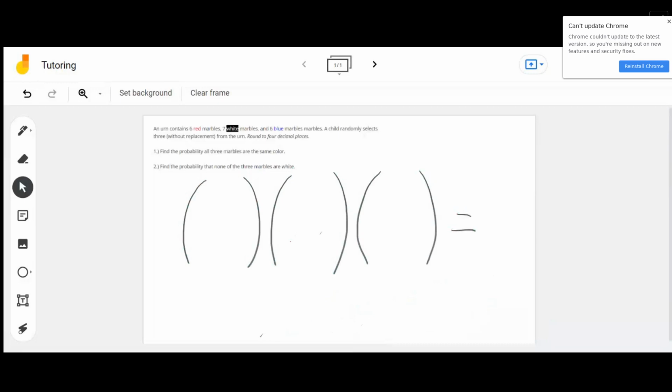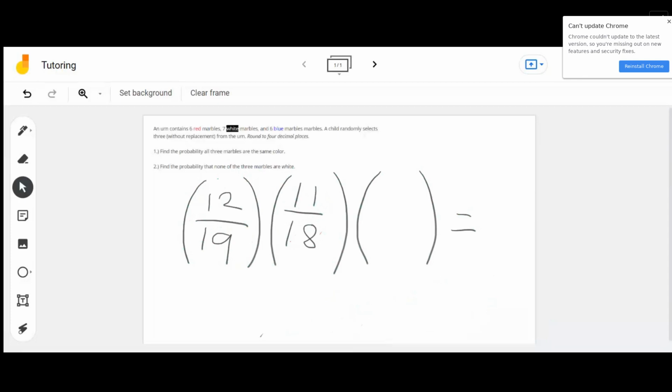If you look into this urn here, you're going to see that there are 12 marbles that are not white. That's the 6 red and the 6 blue marbles. So there's a 12 out of 19 probability that you will draw a non-white marble on the first draw. And if you draw a non-white marble on the second draw, given that this was successful, that means there is 1 less marble in the urn and 1 less non-white marble in the urn.